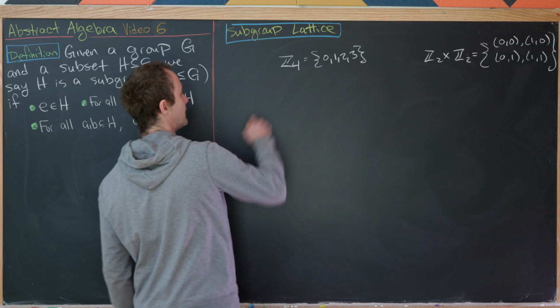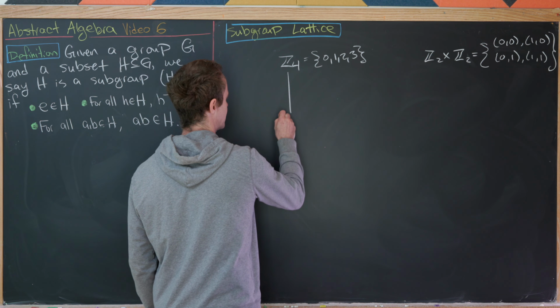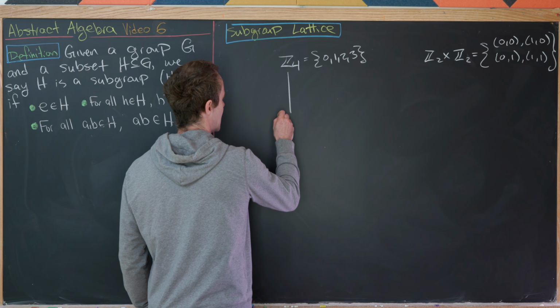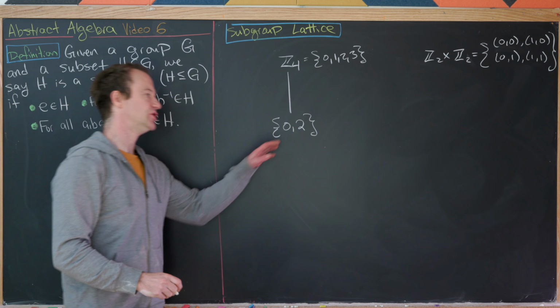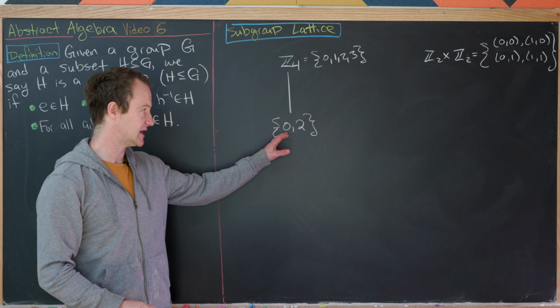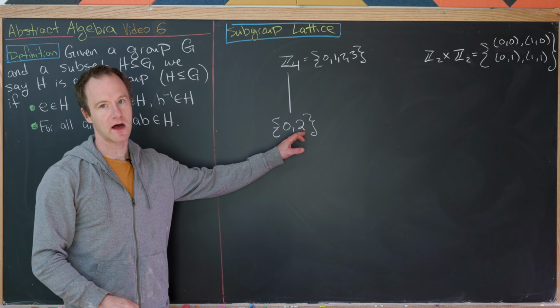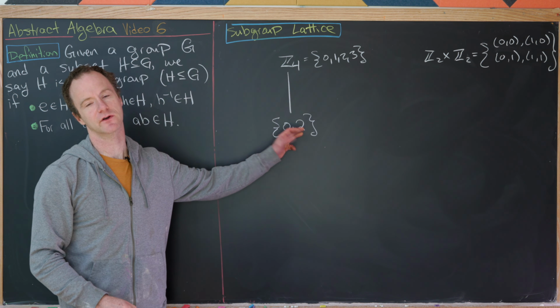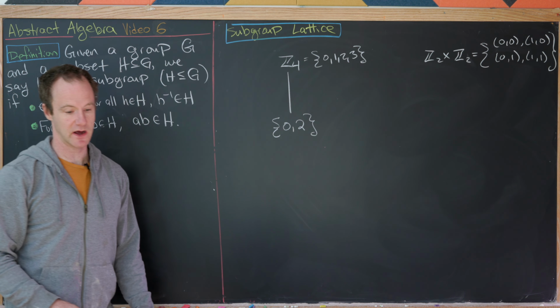Okay, well, Z4 in fact only has one proper nontrivial subgroup, and that is the subgroup containing just 0 and 2. You can easily check that that is a subgroup. Notice it contains the identity, and the only non-identity element is its own inverse, so it contains inverses as well.